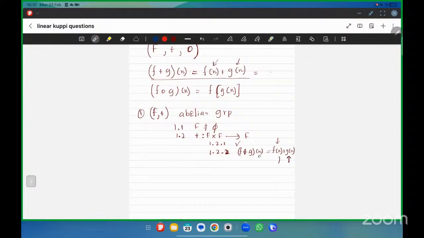So fx is unique for that x and gx is unique for that same x, and when we add those together, we get one unique value, right?